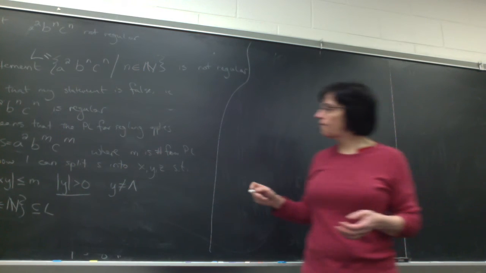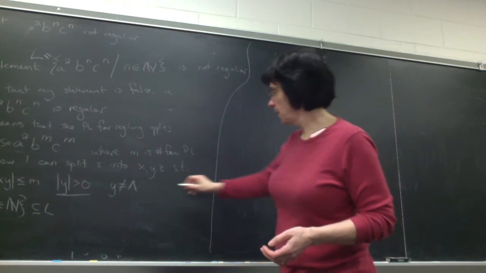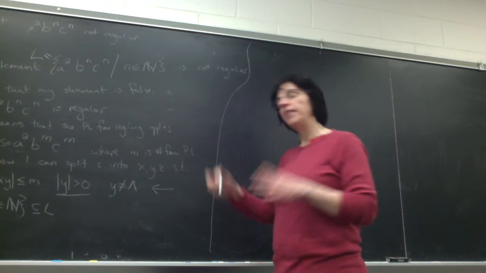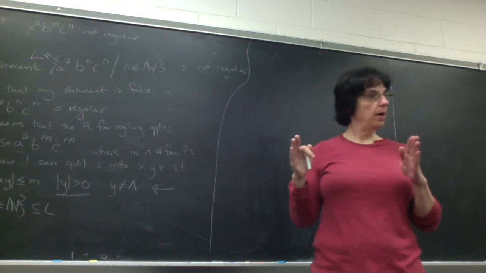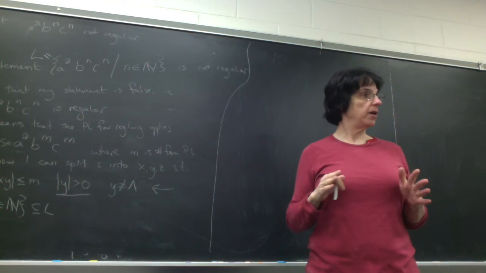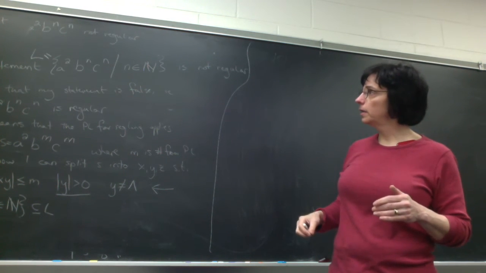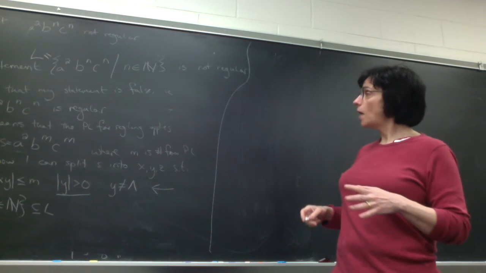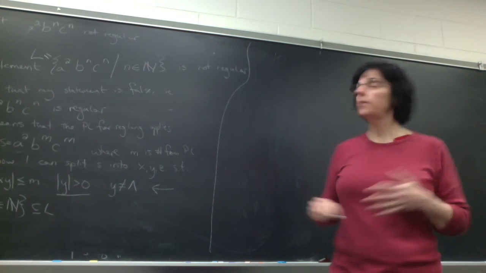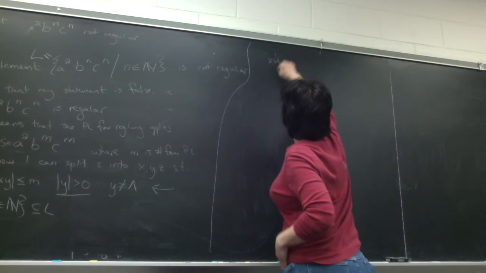We know from the pumping lemma that the xy comes at the start, and there can be at most m characters in it, right? So let's talk about the xy part.